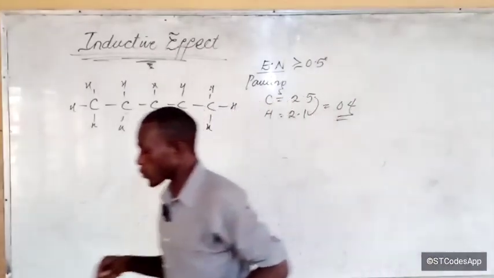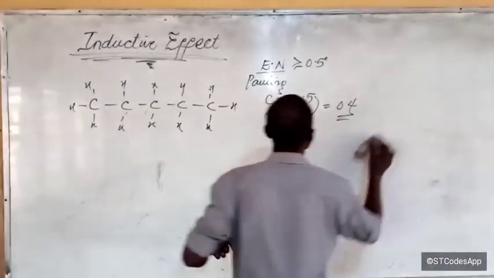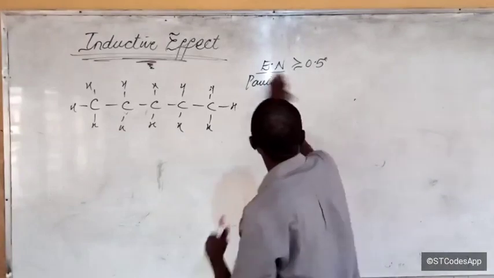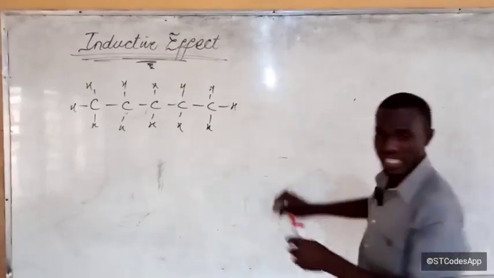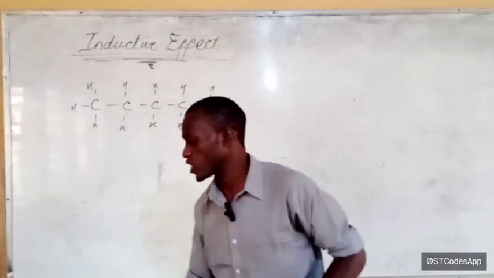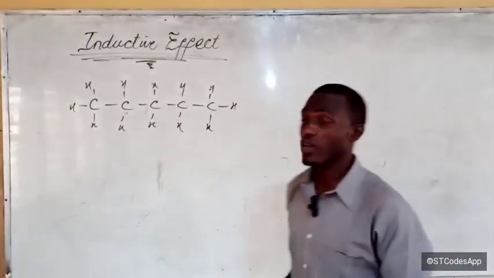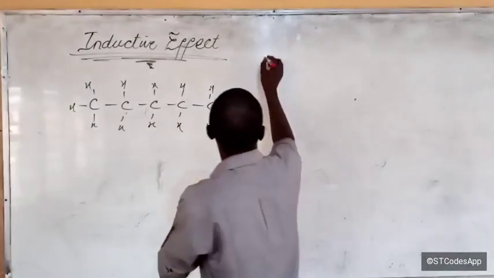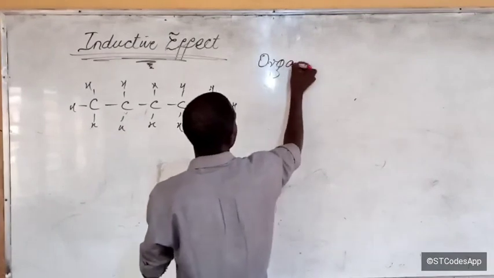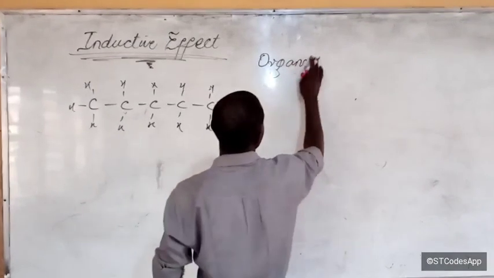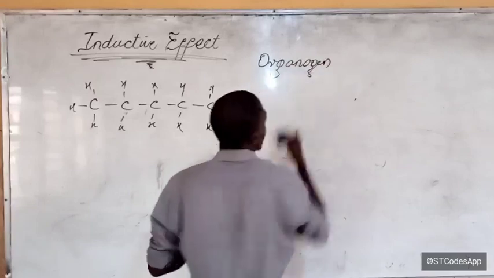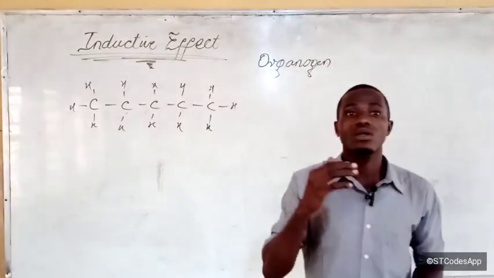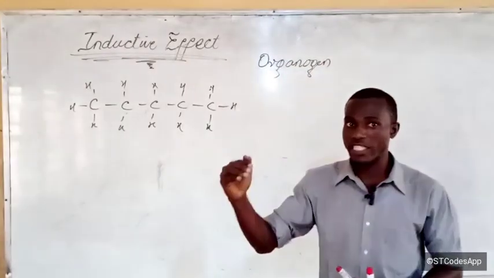Now, what would happen if I were to bring about polarization? What would happen if I were to add a substance known as an organogen? Remember in our video, we talked about the fact that an organogen is a substance that is capable of polarizing a bond.